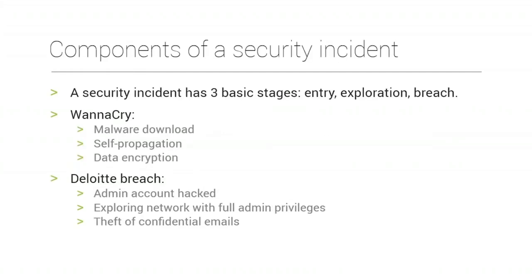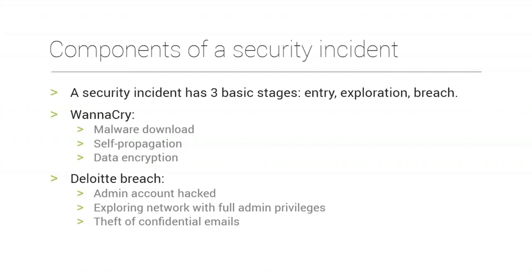Anyway, now we'll discuss the various components or stages of a security incident. So, coming back to my point from a few minutes ago, an attacker needs to take several steps to achieve their final aim. So, these steps can be classified under three basic stages. I'd call them entry, which is how they're able to gain access to your network in the first place.